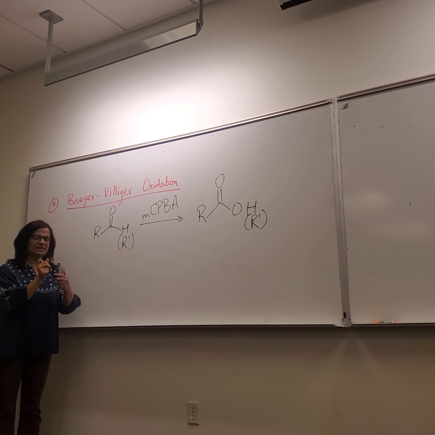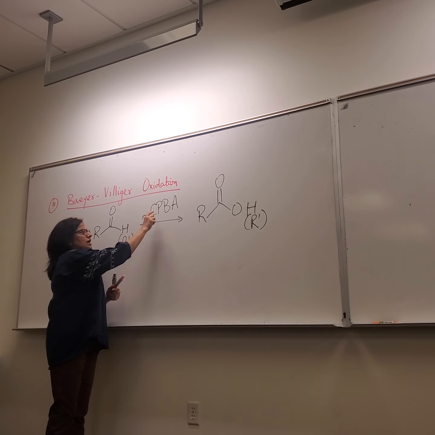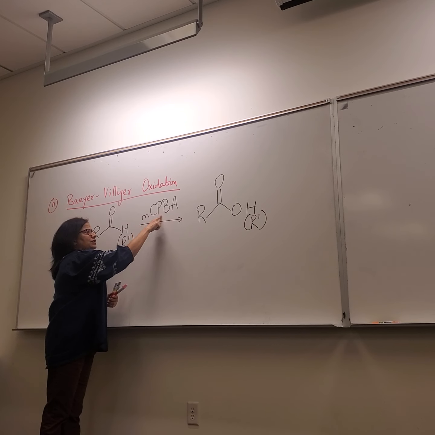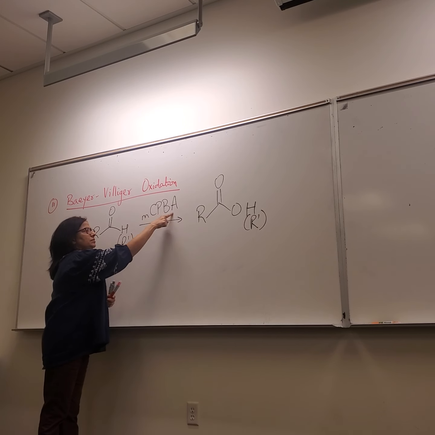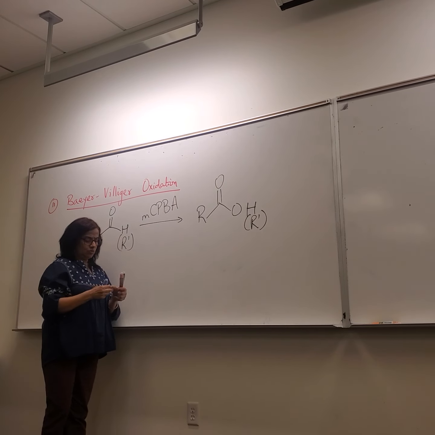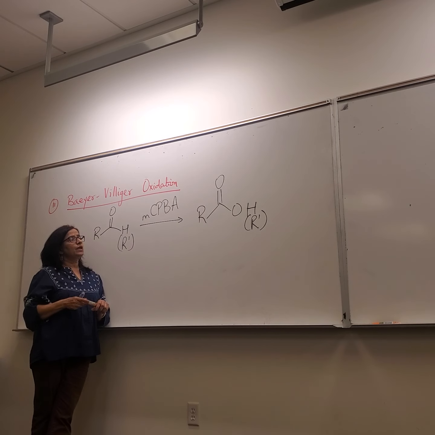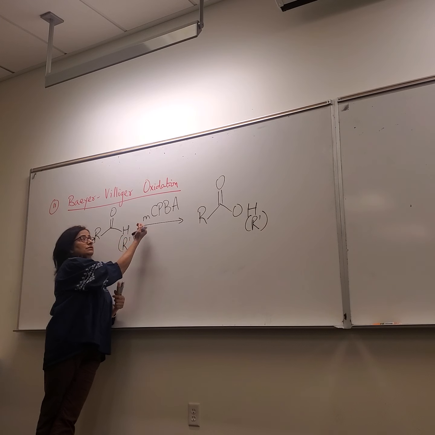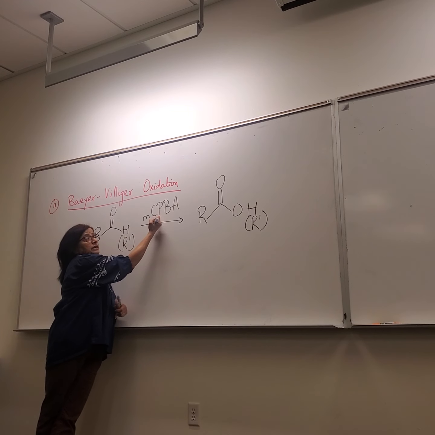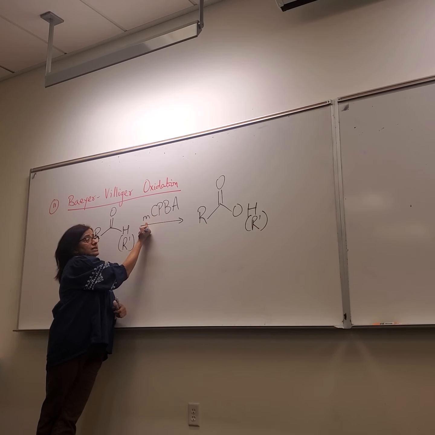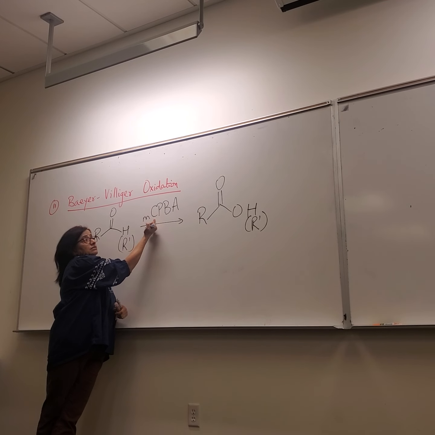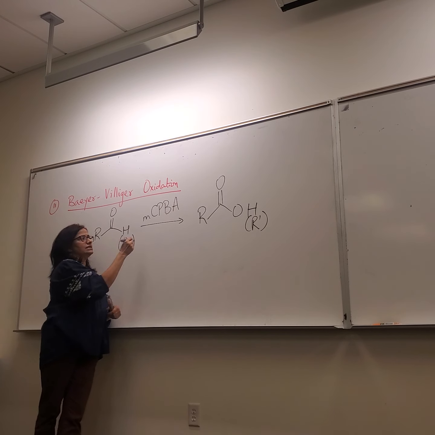So one of the oxygens, do you guys remember what category of compounds MCPBA is? What does it stand for? A benzoic acid, not quite. What does M stand for? Meta. Meta-chloroperoxybenzoic acid, a perbenzoic acid.